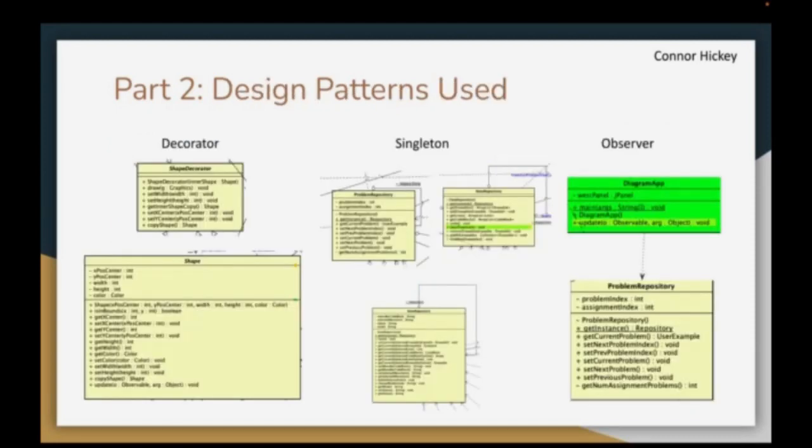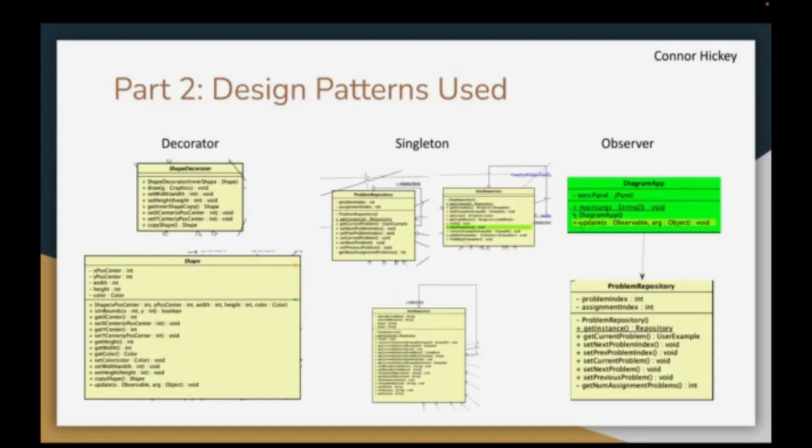For some of the instances of the design patterns that we use, we have our decorator, our singleton, and observer. For our decorator, for instance, we had a shape. We didn't want to define a draw method for the shape because we wanted to extend from the shape class, and then those extensions from the shape class may have individual extensions themselves.